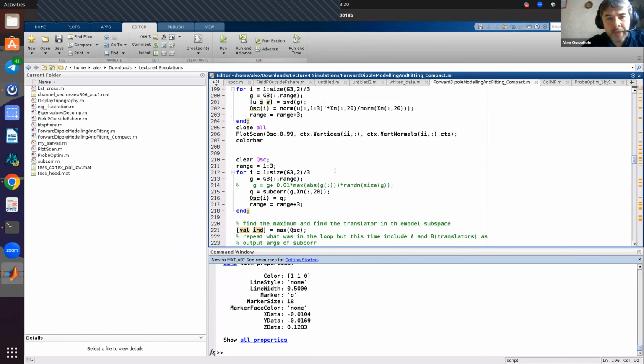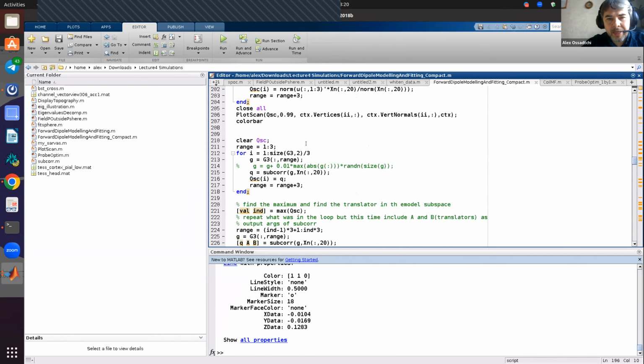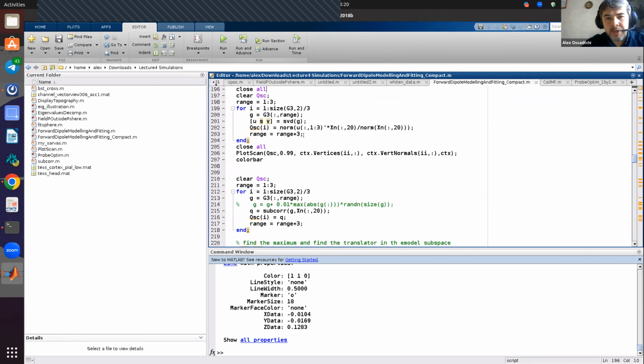So now what we did here, we computed the projection of x_n onto the three, or two, doesn't matter, singular vectors of our forward model, which comes from three orientations of the dipoles in each location. So we had G3 in this case. For each point in the brain, it has three columns.